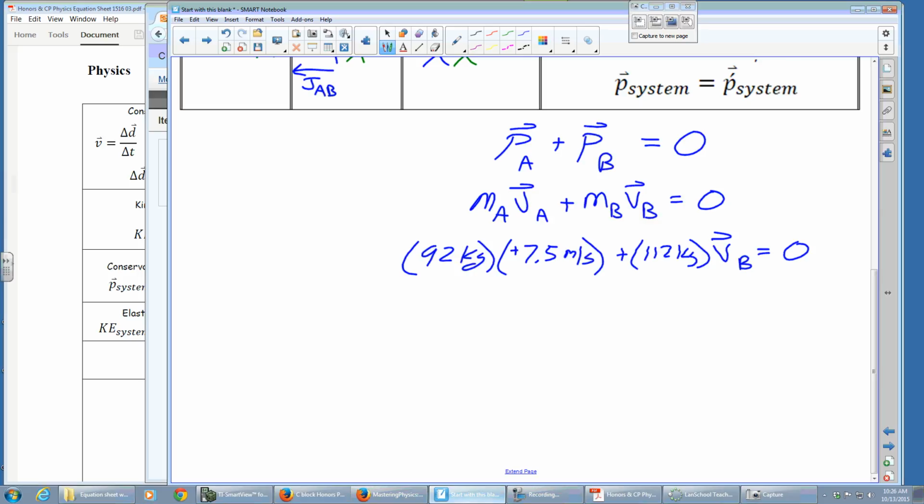So I'd bring that stuff over to the other side. Could you guys solve that for VB right now, do you think? Answer, please. Yes, no? You're going to get a negative answer, right? Does everyone see that you're going to get a negative answer?